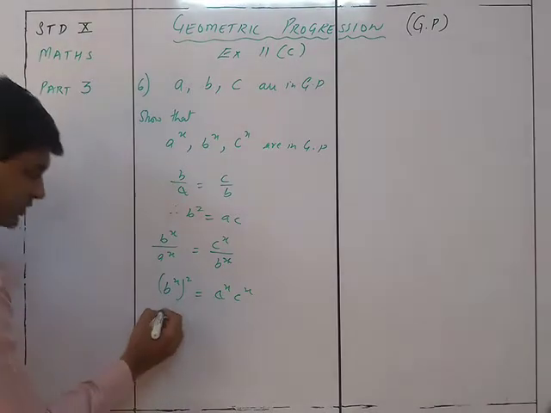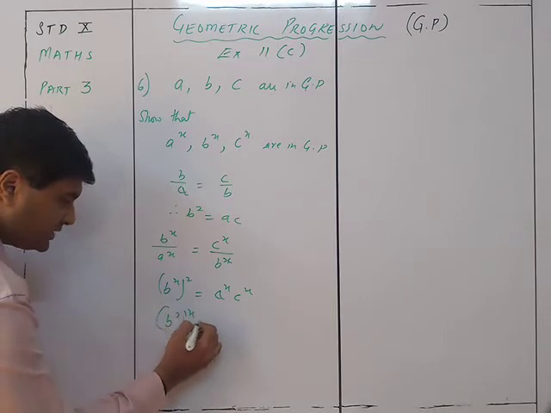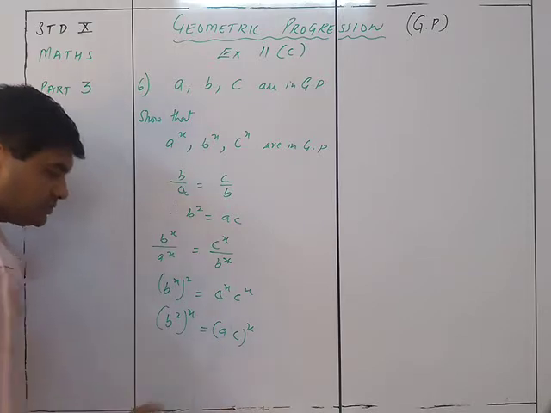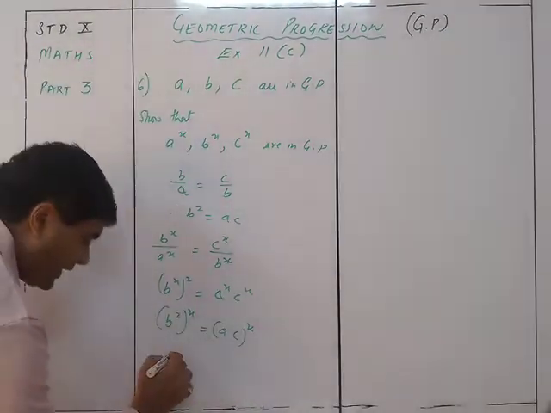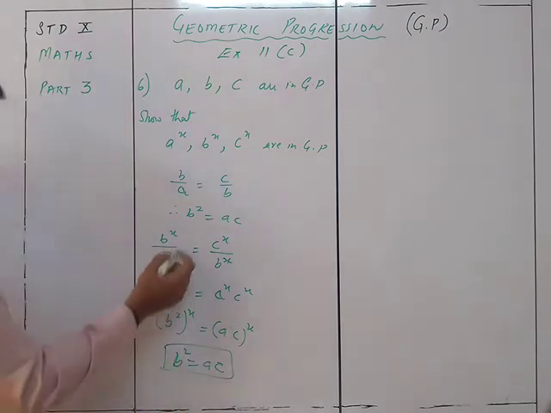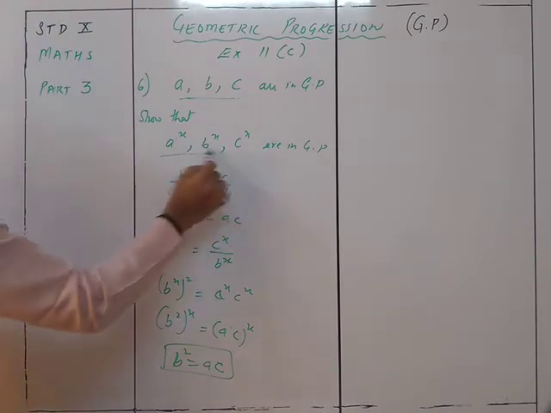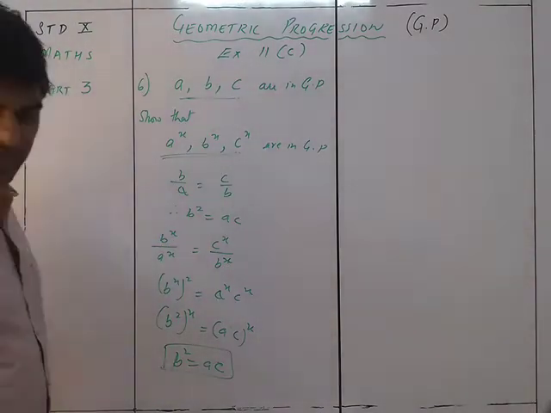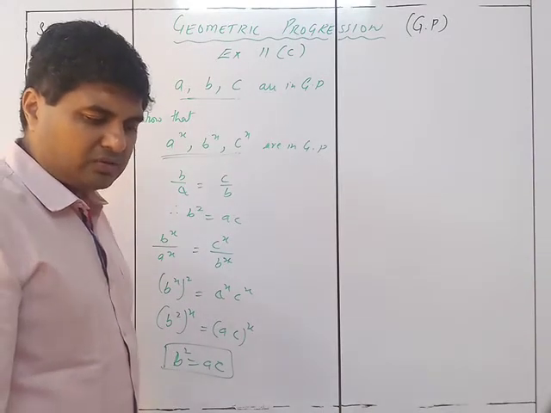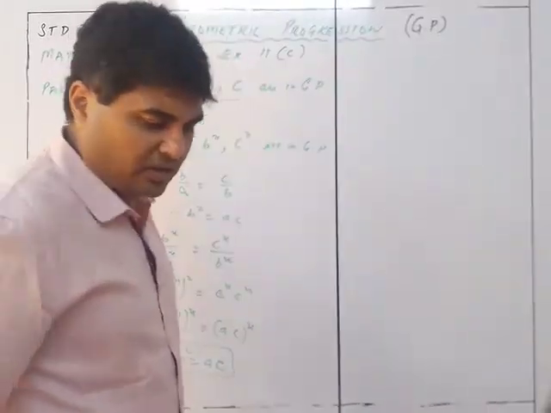So that is nothing but B square the whole raised to x is equal to A into C the whole raised to x. Taking the x root, you get B square is equal to AC. So you can see that because this is also giving the same result as this one, therefore these are in GP. Okay, these are simple proofs, and up till now they have not been asked much, so we need not worry as such.